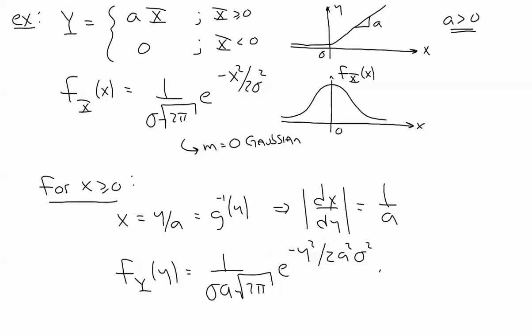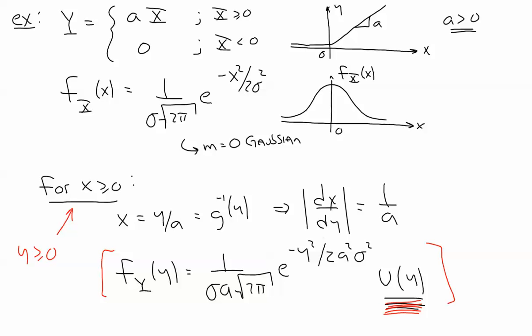And once again, I have to throw in a step function because in the region where x is greater than 0, y is also greater than or equal to 0. That is the origin of this step function. I have to be clever about that. I have to watch for it. So this is the first piece of my transformed result.